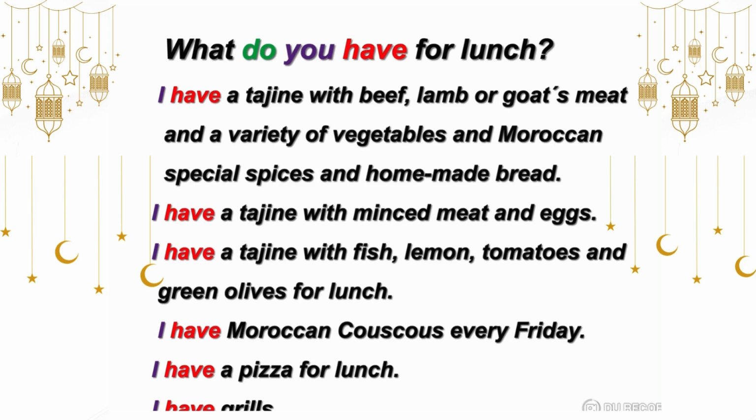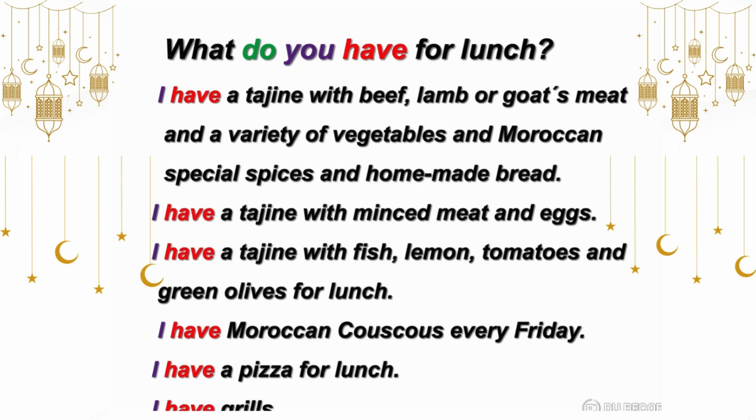As I am Moroccan, I answered with Moroccan food. So I have a tagine with beef, lamb, so B is silent, lamb, or goat's meat, and a variety of vegetables and Moroccan special spices and homemade bread. The next example, I have a tagine with minced meat and eggs.